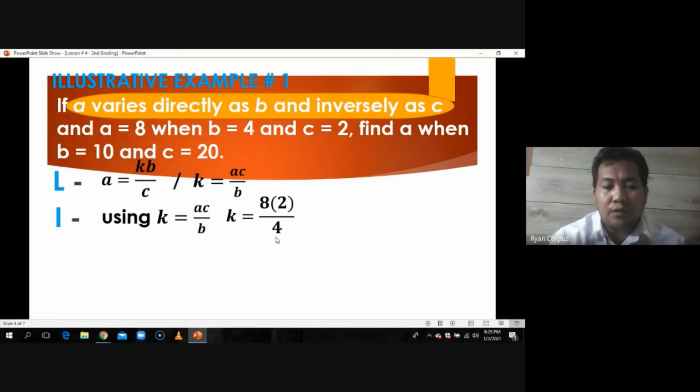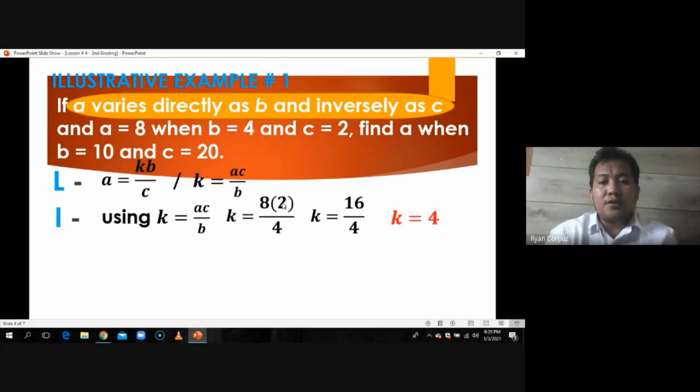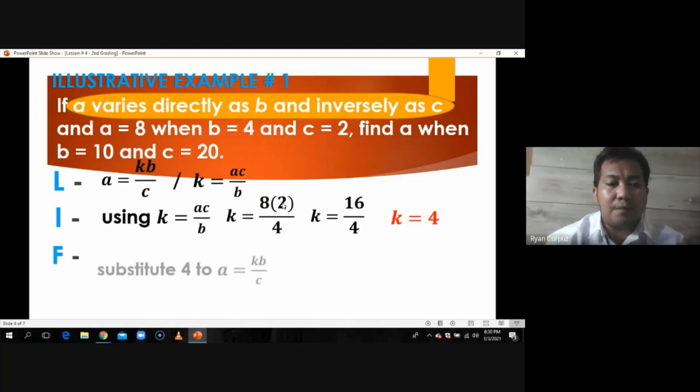So we can do direct multiplication, or we can use cancellation. So 8 times 2, that would be 16. And 16 divided by 4 is equal to 4. So we will come up with the value of K, which is equal to 4. And that value of K is to be substituted with the use of step number 3.